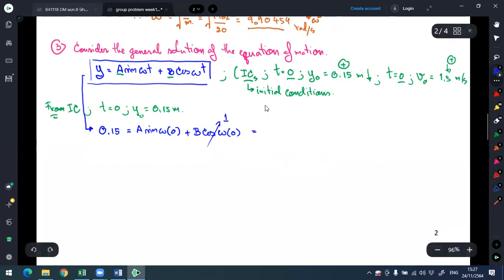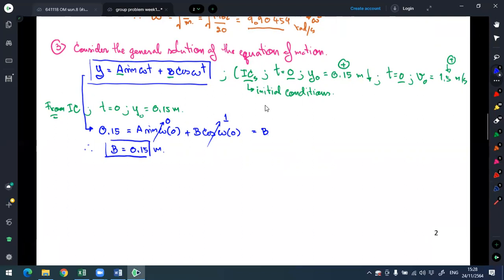But sine omega times 0 becomes sine 0, which is 0. So from the first condition, we conclude that b equals 0.15 meter.